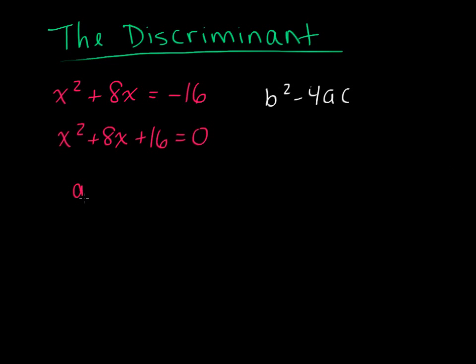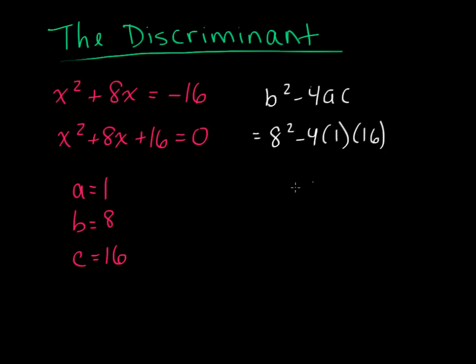The value of a here is 1, b is equal to 8, and c is equal to 16. Okay, so we substitute that into the expression for the discriminant. So we get 8 squared minus 4 times 1 times 16. And so we get 64 minus 4 times 16 is 64. 64 minus 64 is 0.